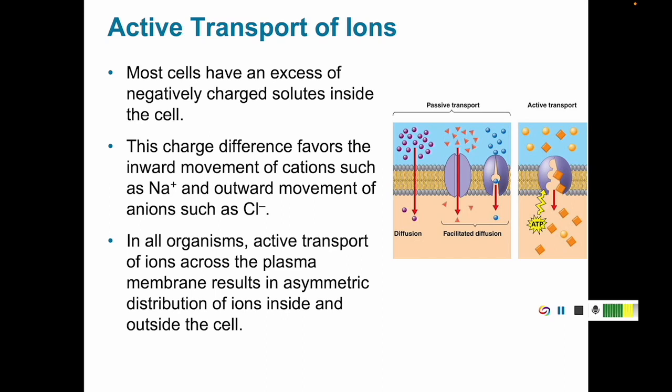Most cells have a lot of negatively charged solids inside of them. And so that is going to mean that cations like sodium are going to be brought inside, and anions like chlorine are going to be left outside, and that won't require as much energy. So in all organisms, active transport of ions across the plasma membrane will create that asymmetric distribution of ions inside and outside the cell.